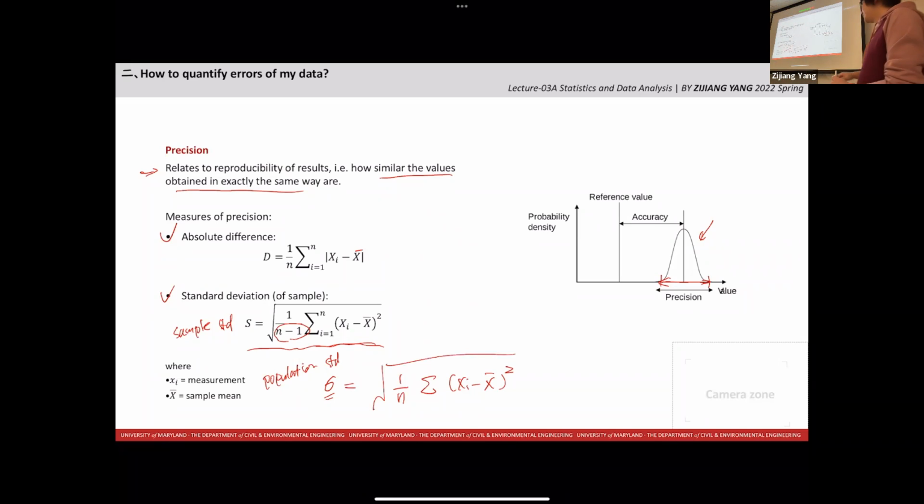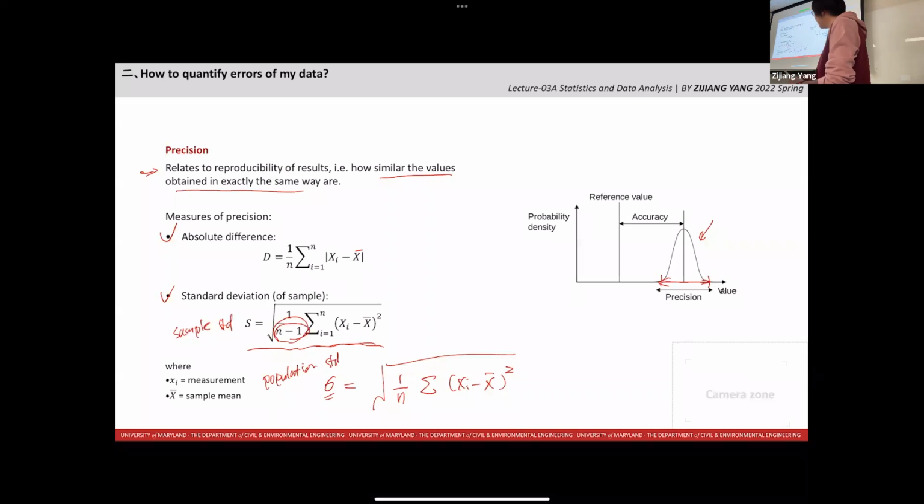So for the population standard deviation, this is n, but for the sample standard deviation, this is n-1. And in most of the cases, because we cannot measure every sample of our population, for almost every situation, we use n-1 instead of n. So for this one, do you guys have any questions?